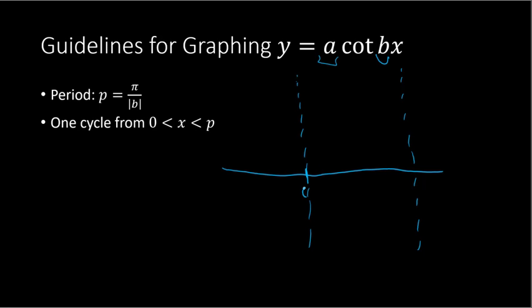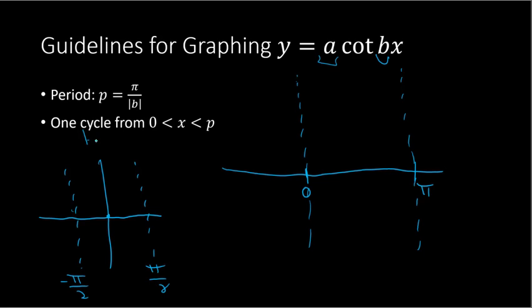So one cycle would be from 0 all the way to pi, as opposed to the tangent function, where 0 was the center. So tangent was like this, where you have your asymptotes at negative and positive pi over 2. So that's the difference. This was tangent over here, and this is cotangent. Tangent would go up like this, and then cotangent is going to go down like this.